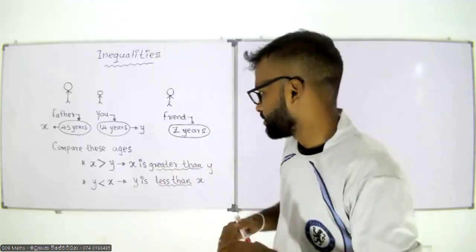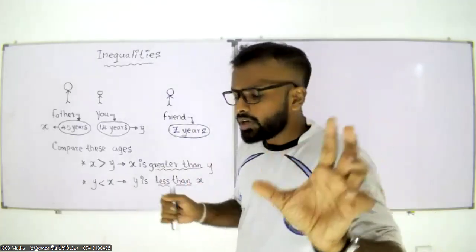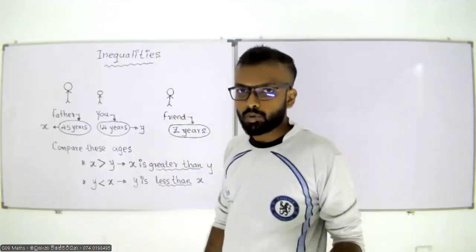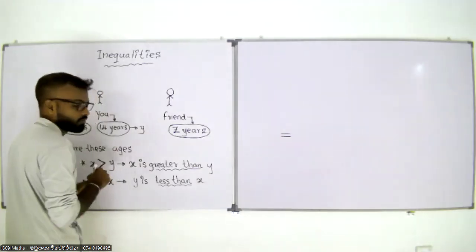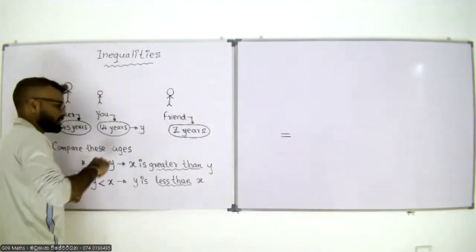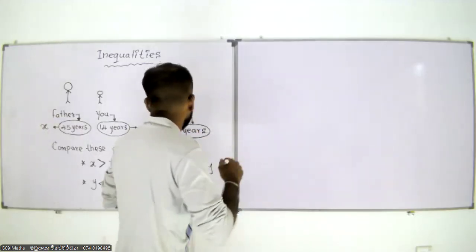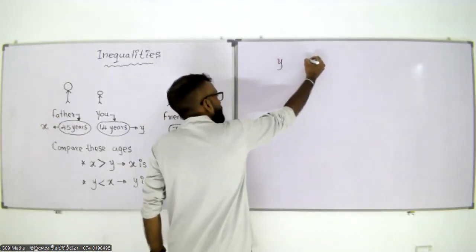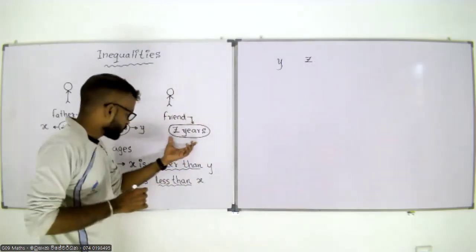So we can write a common inequality for that as well. I'm going to compare your age, y, and the friend's age, z.